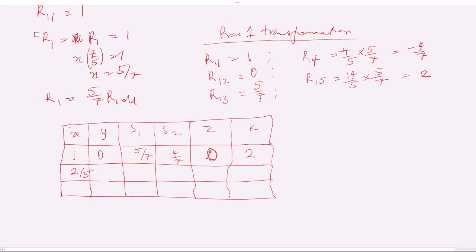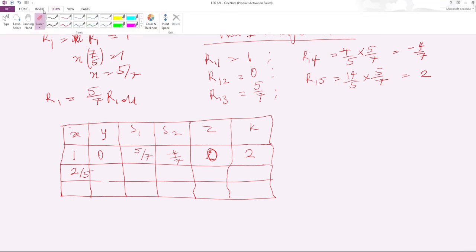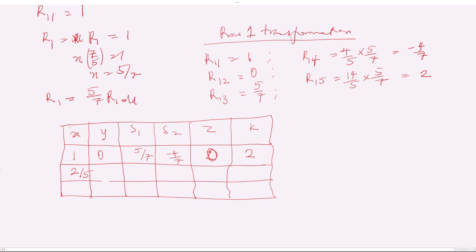So this is 1, 0, 1 over 5, 0, and this is still 19 over 5, I think.